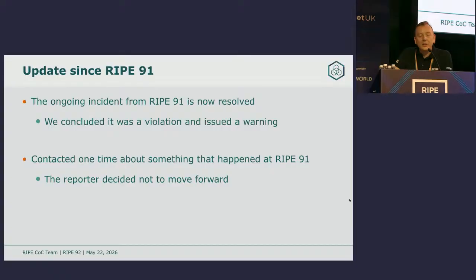Okay. So since RIPE 91, we had one issue at RIPE 91 that was resolved. We concluded it was a violation and issued a warning. We were also contacted about something that happened after RIPE 91, and the reporter decided not to move forward.